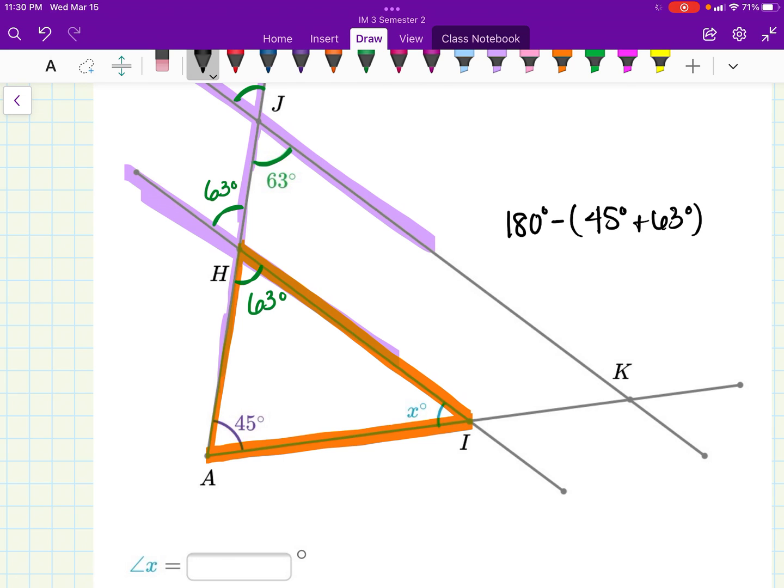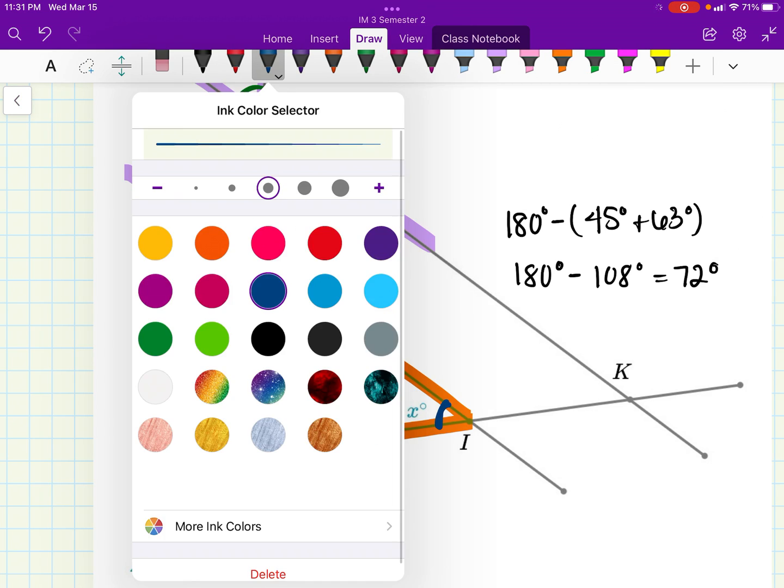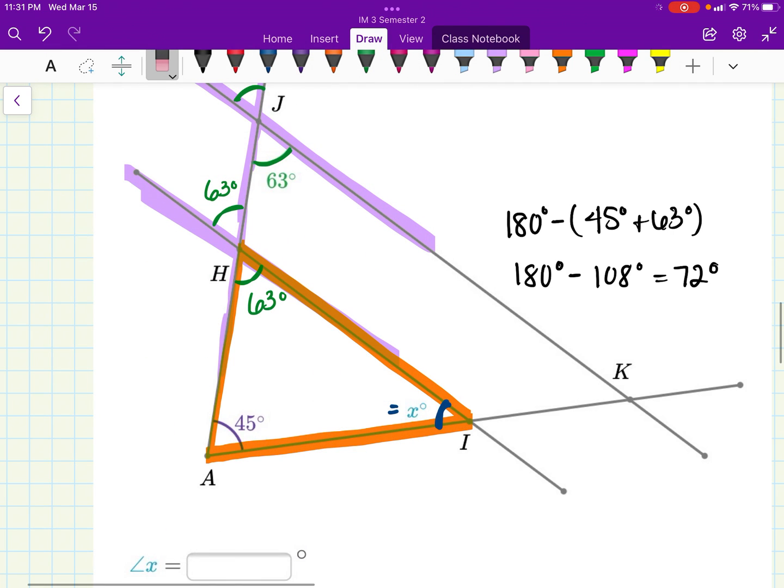And whatever we get there would give us the value of X. So 180 degrees minus, what is that going to be? 108 degrees. That should give us a total of 72 degrees. So in this case, X, which we'll do in blue, x here, that's actually going to be, let's do it again.